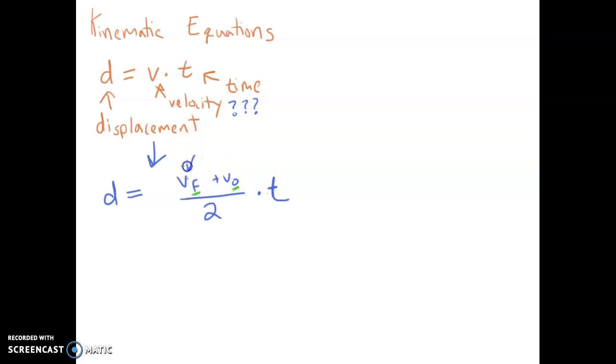In this case, I'm talking about final velocity. And in this case, I'm talking about initial velocity. And T is still time, D is still displacement, right? So D is still displacement, and T is still time.